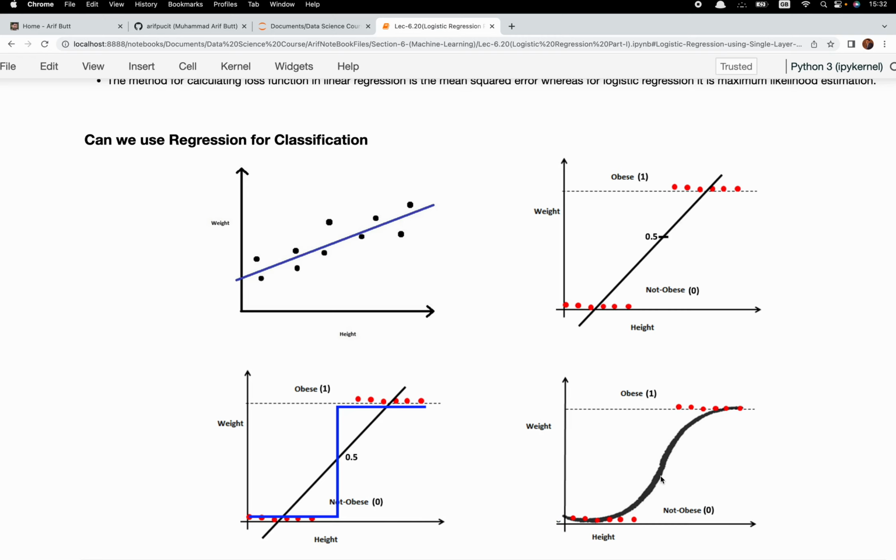Since the probability of anything exists only between the range of 0 and 1, so this sigmoid function gives us the probability of a data point belonging to a class. Okay, so far so good.